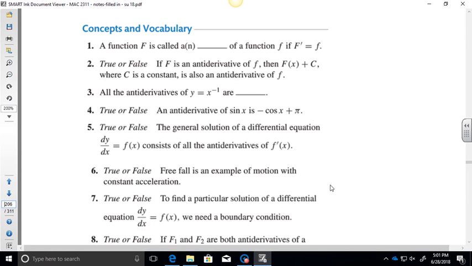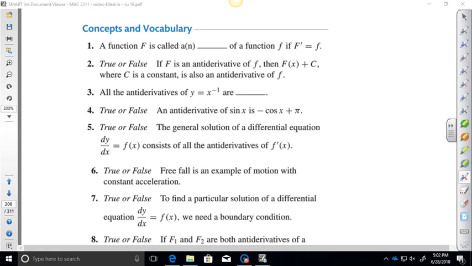It's actually from yesterday's lesson. A function F is called what? If F prime is equal to little f, what do you call that? That's what we learned yesterday. Antiderivative.